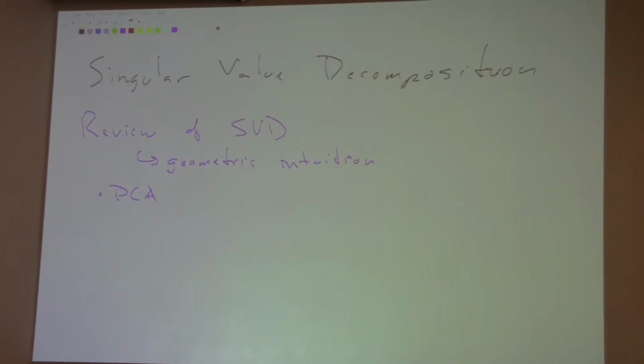Then we'll talk about the connections to PCA, which is principal component analysis, to the eigen decomposition, which we talked about with spectral clustering and which will come up again in PageRank, and then to multidimensional scaling, which maybe you've heard of.